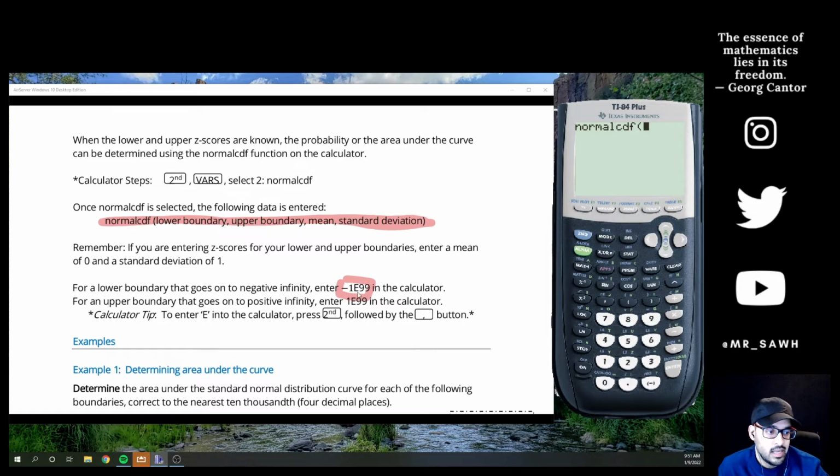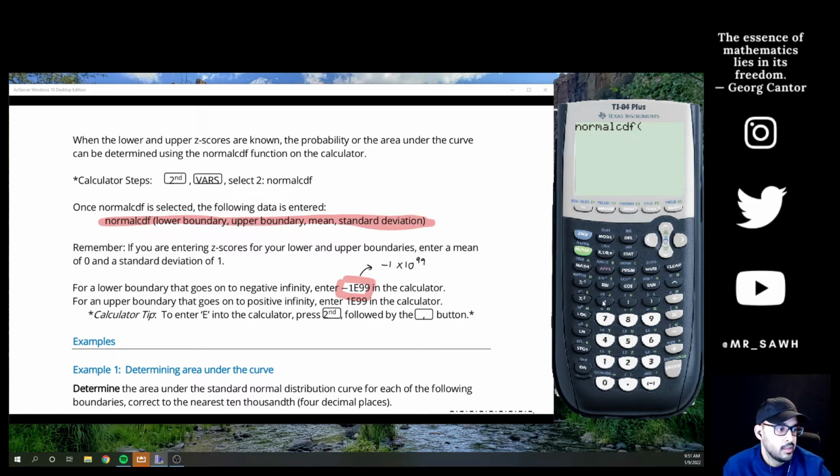With that E there, it's really just scientific notation, where this stands for -1 times 10 to the power of 99. So a really, really, really big negative number. That's the best approximation we can make with the calculator. For an upper boundary that goes to positive infinity, it's the exact same thing, just instead of -1, it's +1. So a really, really large positive number instead.